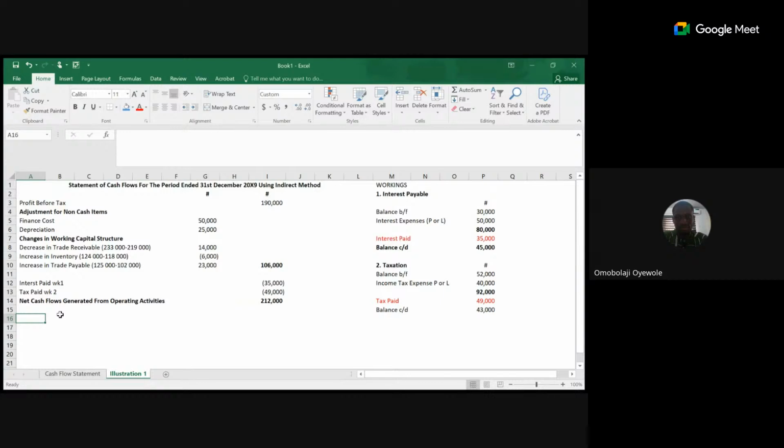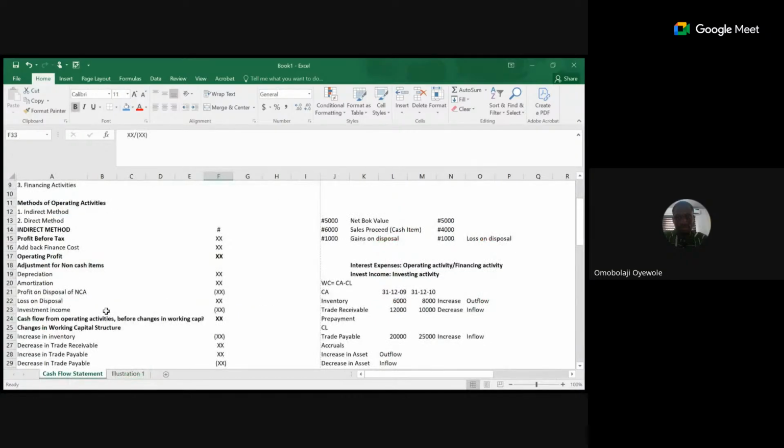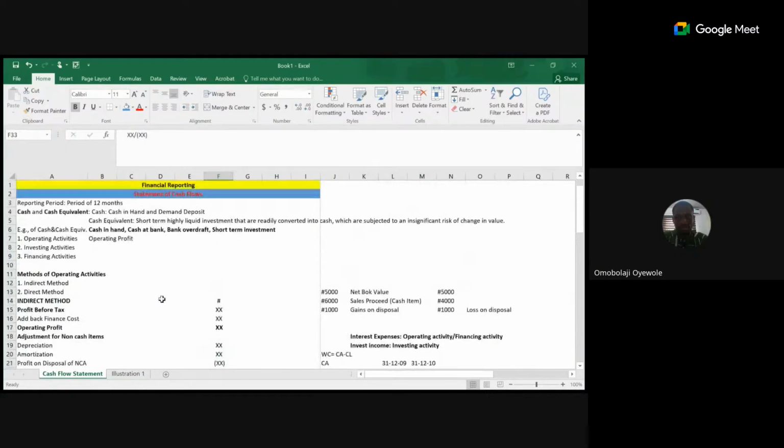Because we started late, because I was trying to fix one or two things, next time we are going to start much earlier so that we are able to cover a complete question. But based on the indirect method, this is how to calculate operating activity. Any question?